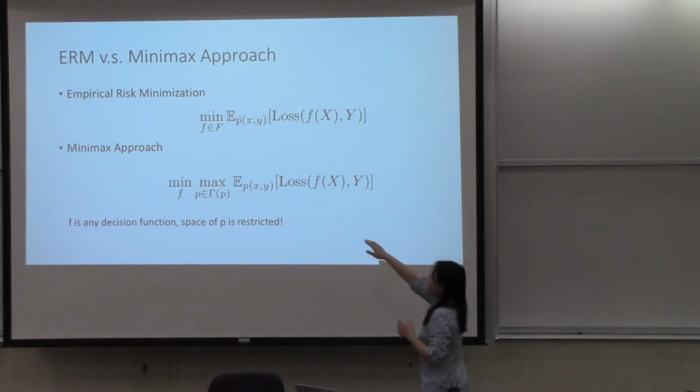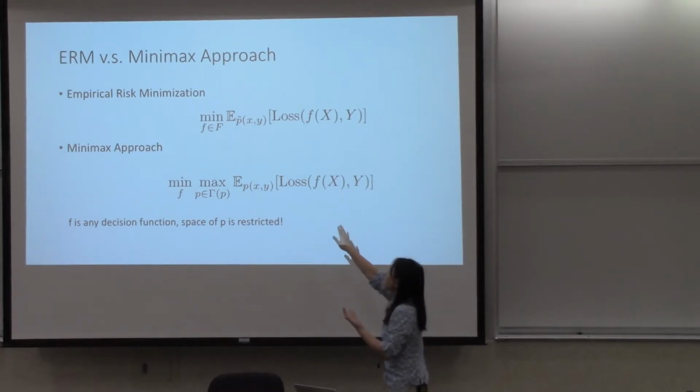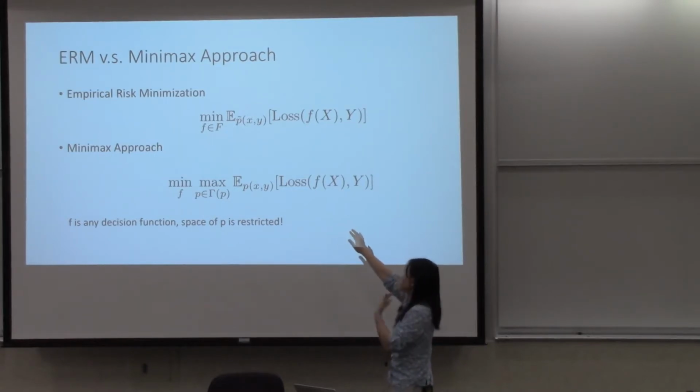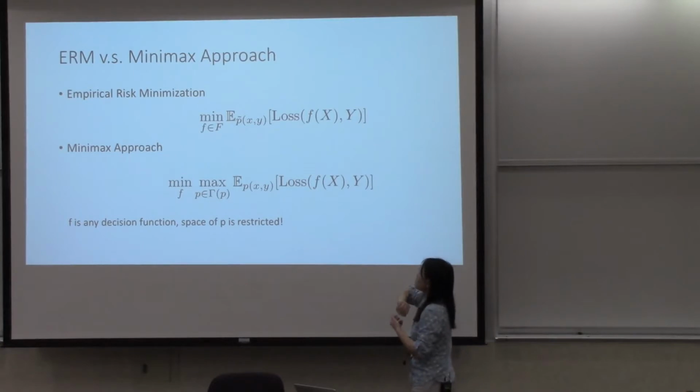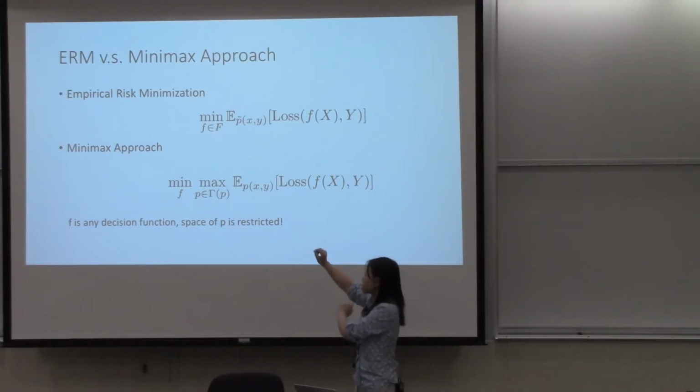Here we still have a loss function, the risk we get from some predictor f, which we want to learn, and some true y values. But then we have this p(x,y), which is not the true distribution. It's just a certain distribution p(x,y).